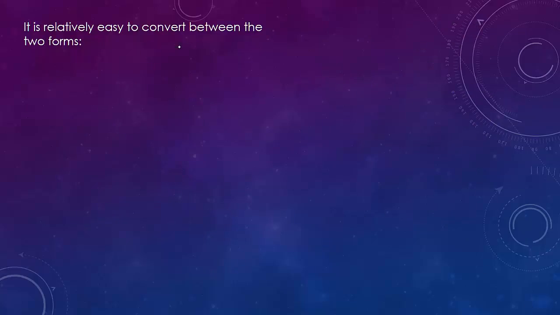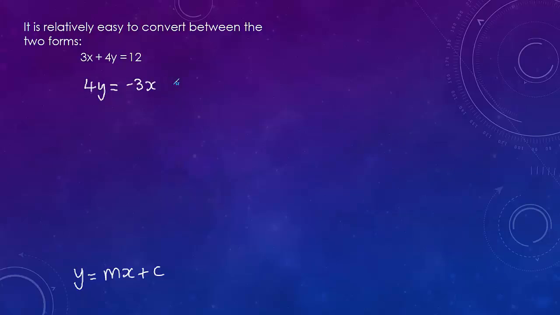It's relatively easy to convert between the two forms. As an example, we have one in general form here. And remember, to get it into gradient intercept form, we want to write it in the form y equals mx plus c. So to start with, I'll just subtract 3x from both sides. So I've got 4y is negative 3x plus 12, and then divide through by 4.